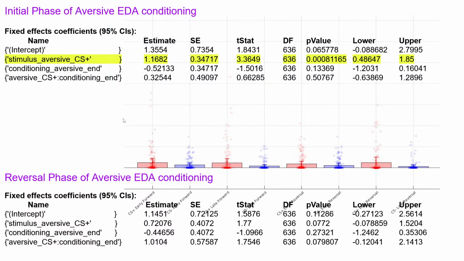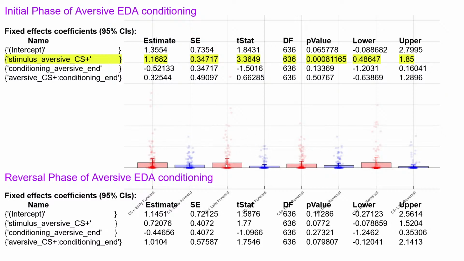reversal. Here we can say that there is conditioning during the whole initial phase. Maybe if we divide not into 2 but into 3 parts, like 10 trials, we will see that the CS plus is different.